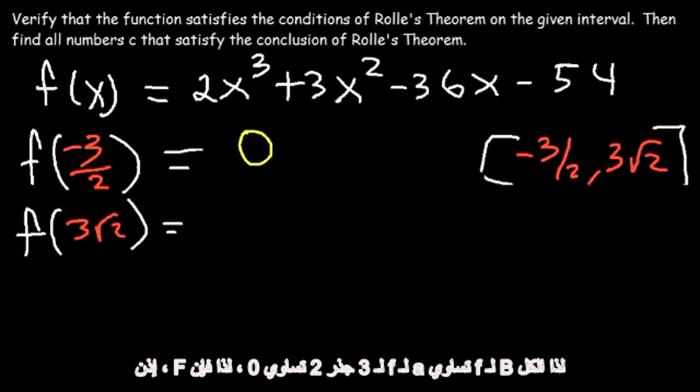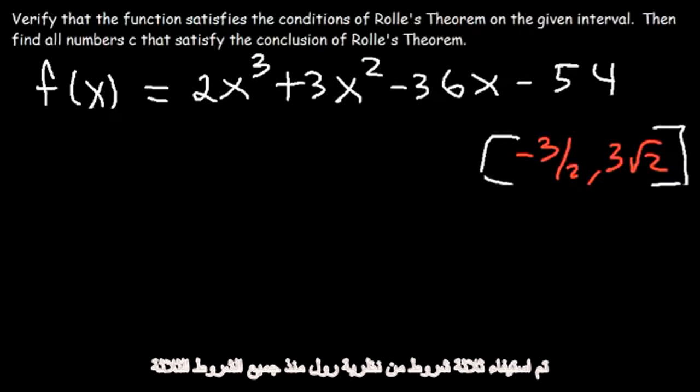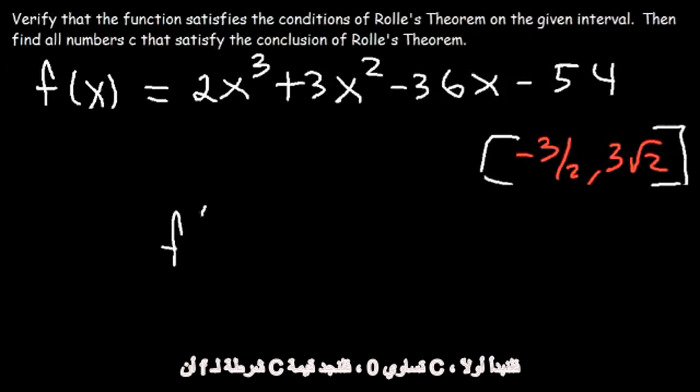So therefore, f of 3 root 2 is equal to 0, so f of a is equal to f of b. So all three conditions of Rolle's theorem are satisfied. Since all three conditions were met, f prime of c is equal to 0.